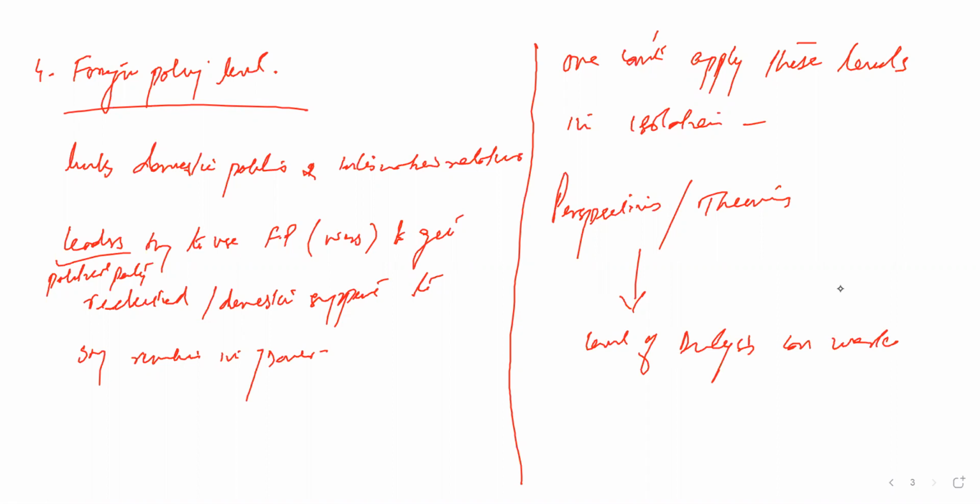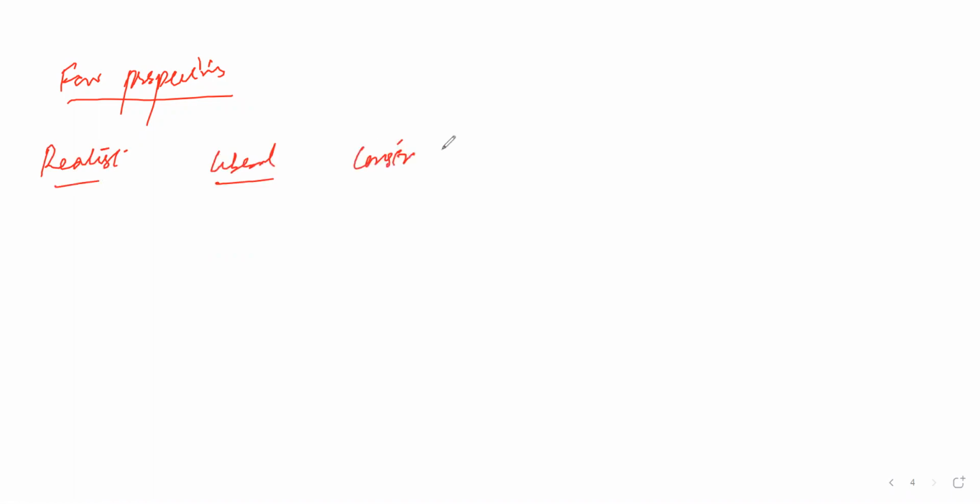In international relations, there are four agreed-upon perspectives, theories you can say, and these four perspectives: realist, liberal, constructivist, and critical theory.